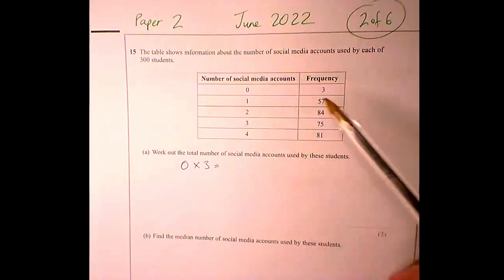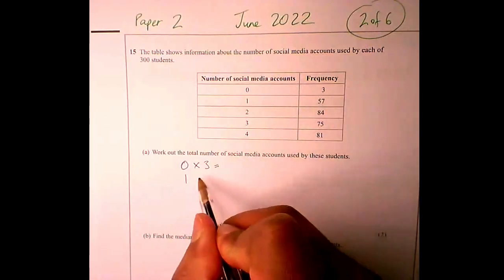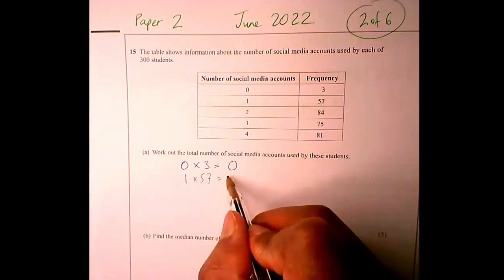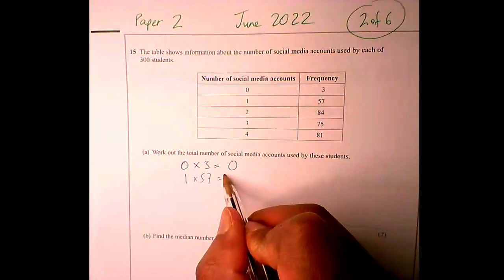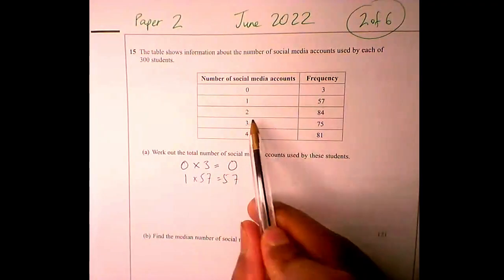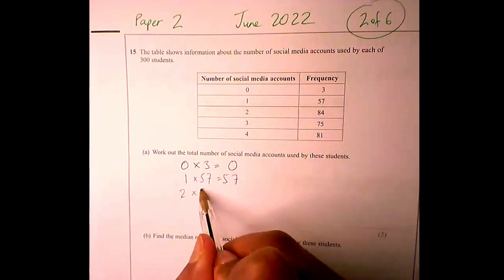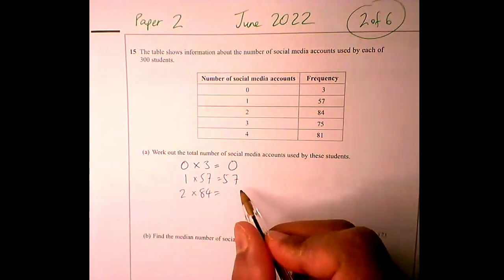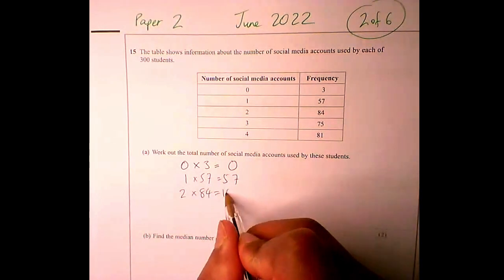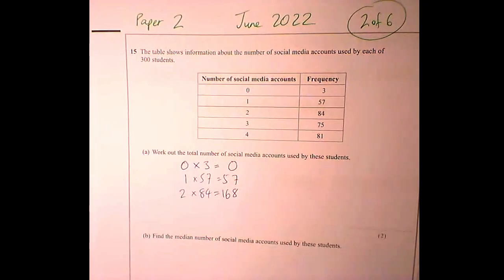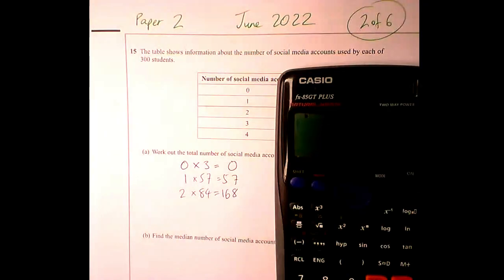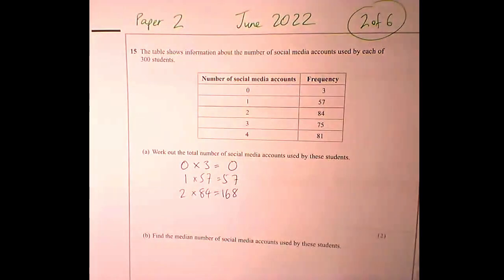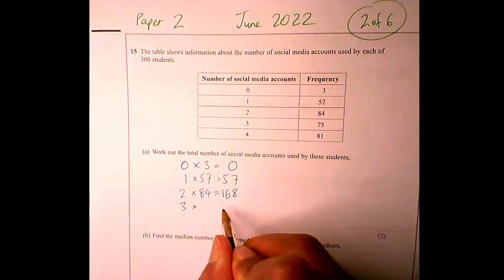We've got 1 social media account 57 times, so we multiply that. 0 times 3 is 0, 1 times 57 is 57. 2 times 84 gives me 168. And it is a calculator, so you don't have to do it in your head. Just get your calculator. 2 times 84 gives us 168. The next one, 3 times 75.